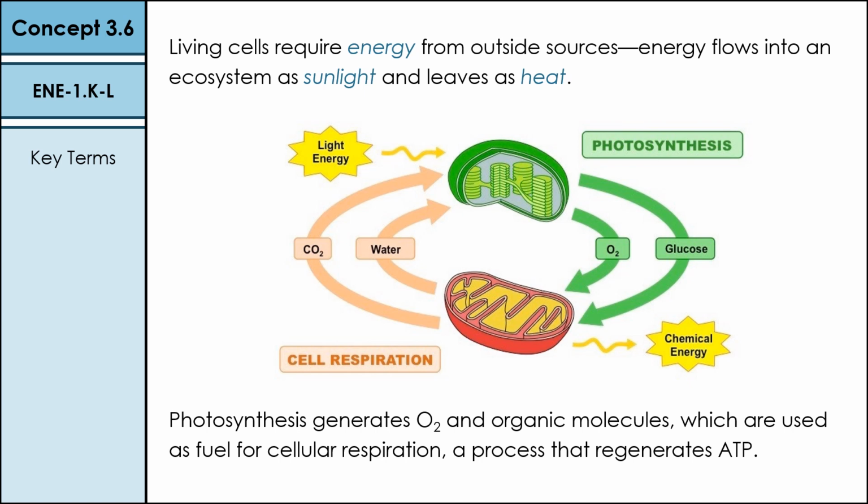So both products of photosynthesis, your oxygen gas and your glucose, are used to fuel cellular respiration. And the eventual product that we're going to get from cellular respiration is chemical energy, most typically in the form of ATP.